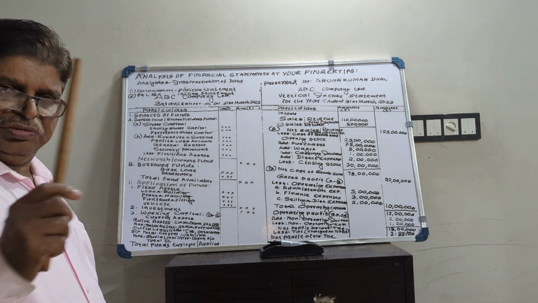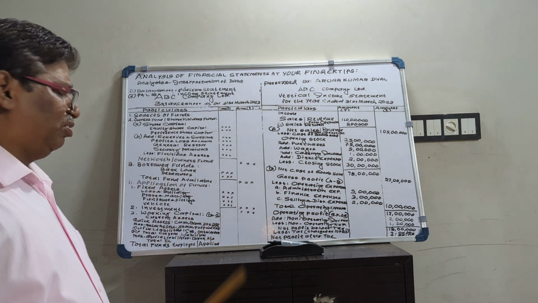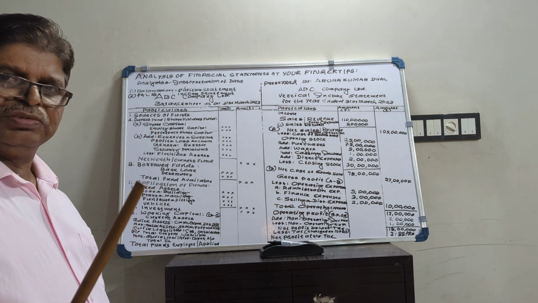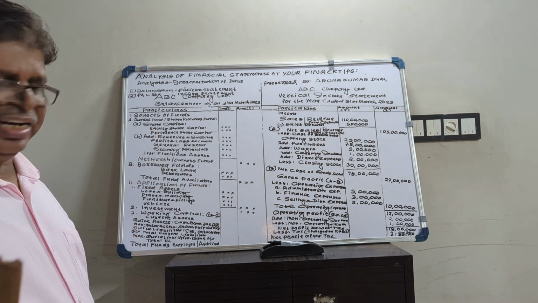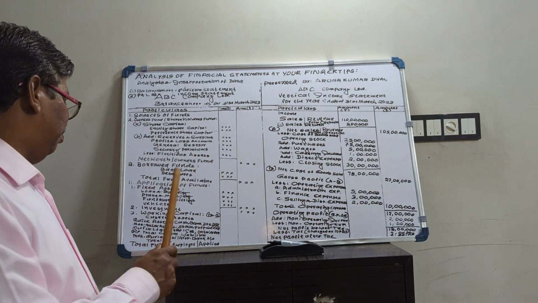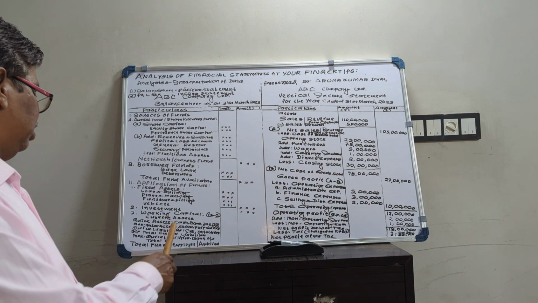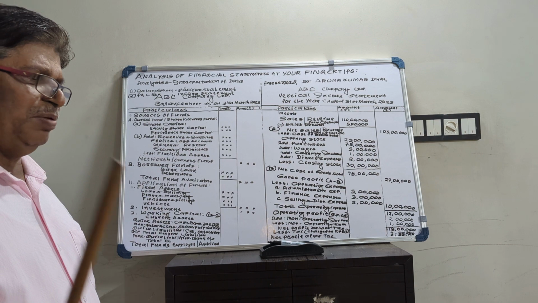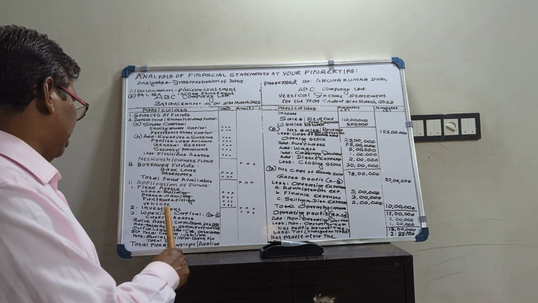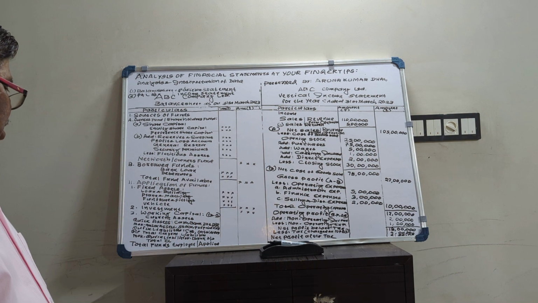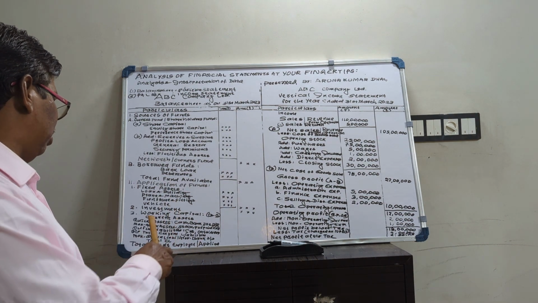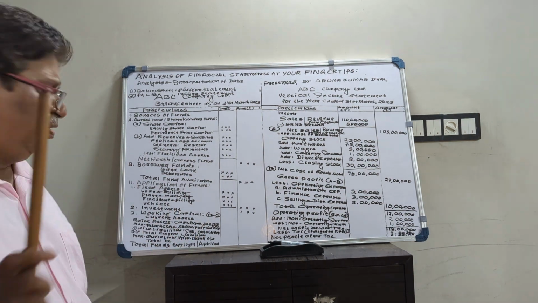Suppose the ideal ratio is 2:1. But if the current assets include a major portion of inventory or prepaid expenses, then it will not be suitable for the investors. That means the liquidity position will be very poor.